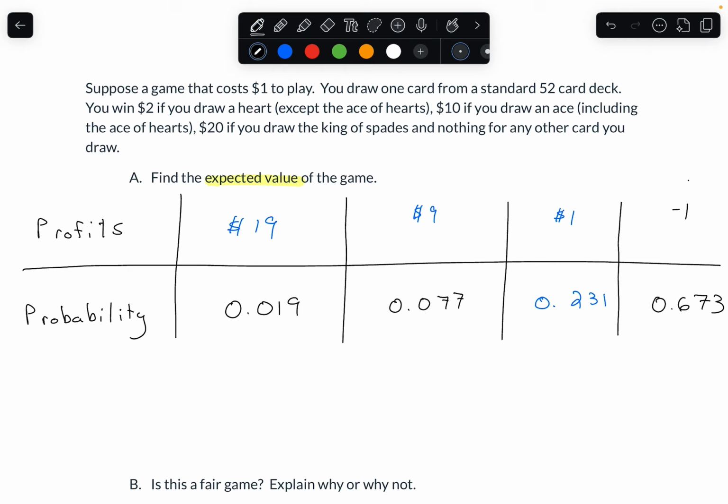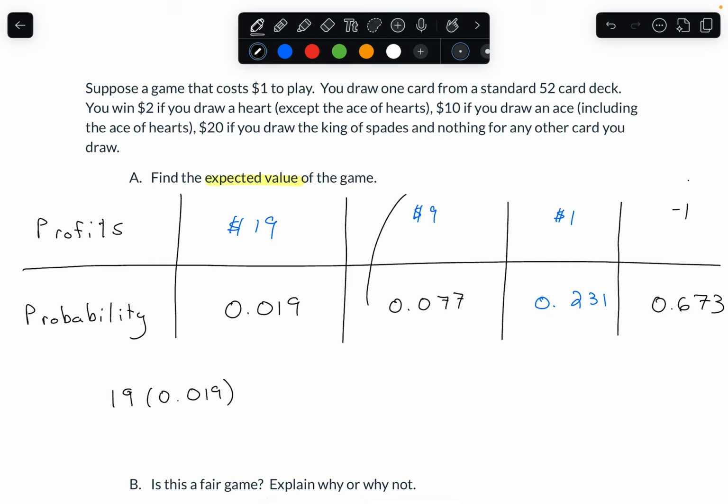So for every single outcome, I'm going to take the outcome, which in this case is the profit, and multiply it by the probability for which it occurs. So I'm going to take $19 times 0.019. I'm just using the decimal version of the probability that we found above. And I'm going to do that for every single outcome.